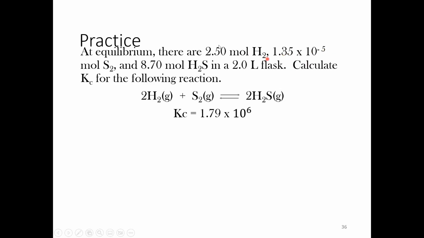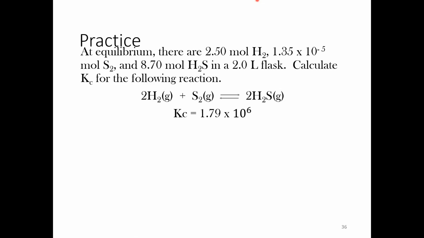We'll cut that in half and multiply it by the hydrogen squared under the bottom, and ultimately that'll give us an equilibrium constant of 1.79 times 10 to the sixth.